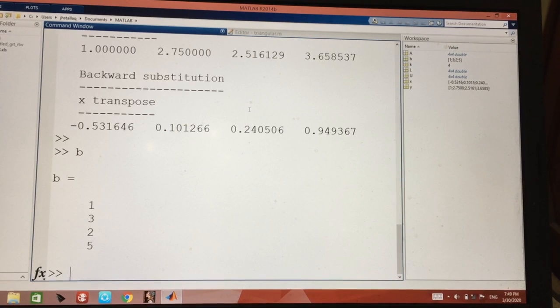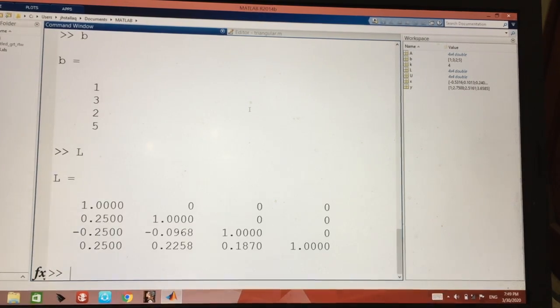L turns out to be the final L. Let me just put it to L. We get L is 1 here, and 0.25, 0.25, and minus 0.25, okay.